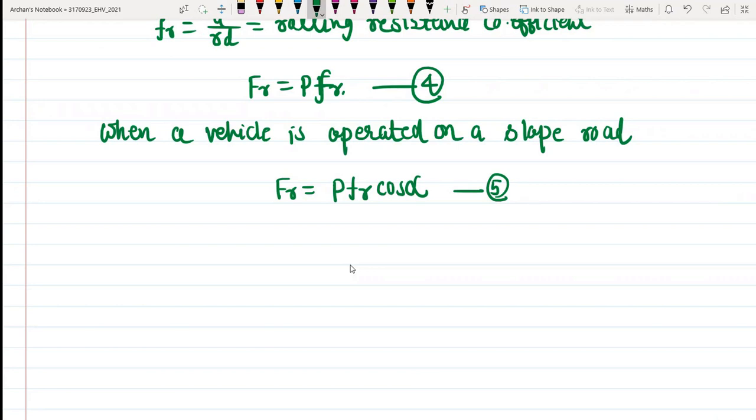And this alpha is the road angle. This is already what we know. Alpha is nothing but the road angle.